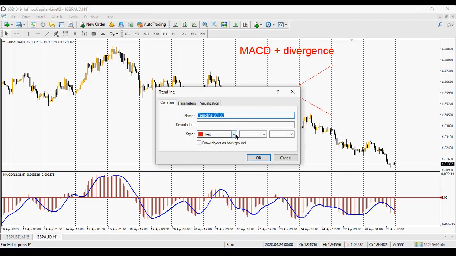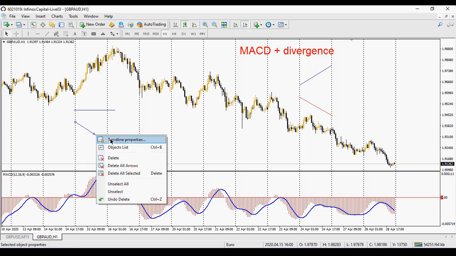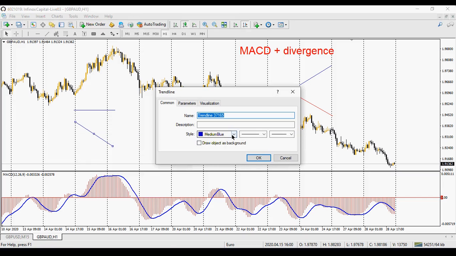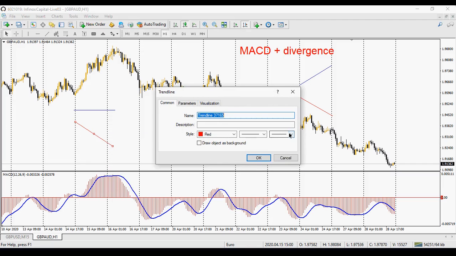Or price is almost on the same level, but the indicator is going down; it can still be seen as divergence.